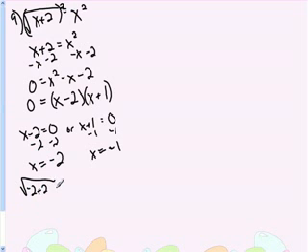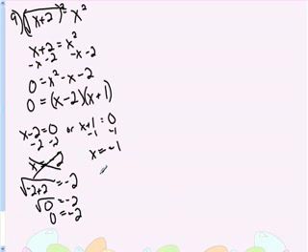So negative 2 plus 2 equals negative 2. Negative 2 plus 2 is 0. Square root of 0 is 0. That does not work. So this is not an answer. That would be an extraneous solution. It doesn't work. So try the negative 1.